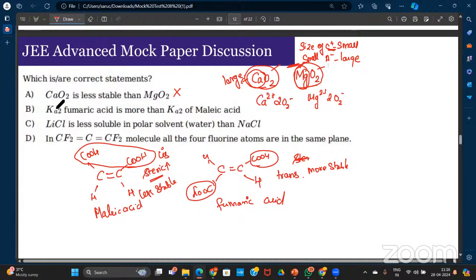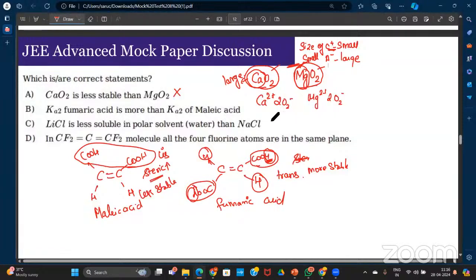If you can see, the hydrogens are at the opposite positions. I'm talking about the acidity of COOH, this one. So Ka of which acid is going to be more?